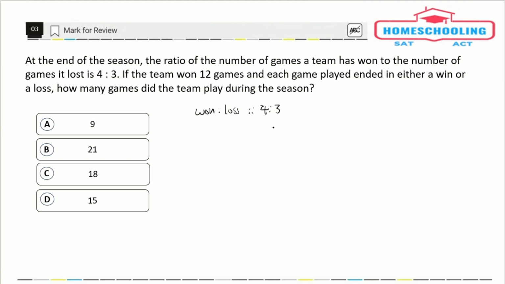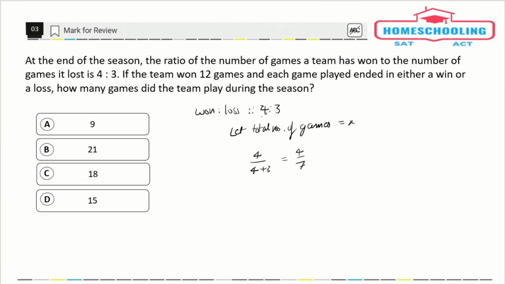So win and loss are in the ratio 4 is to 3. Let the total number of games be x. Here the ratio of won and lost is 4 is to 3. So the winning ratio would be how much? 4 divided by the total, 4 plus 3, that would be 4 by 7.